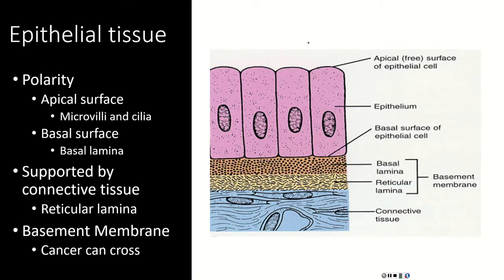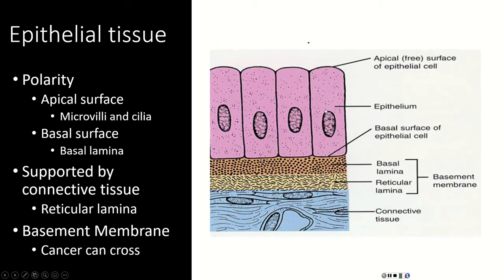Now, one thing that comes about in epithelial tissue really, really often is that, one, it is exposed to the environment, and two, because it's subjected to damage, it's going through mitosis quite a bit. We will see a lot of cancers of the epithelial tissue.